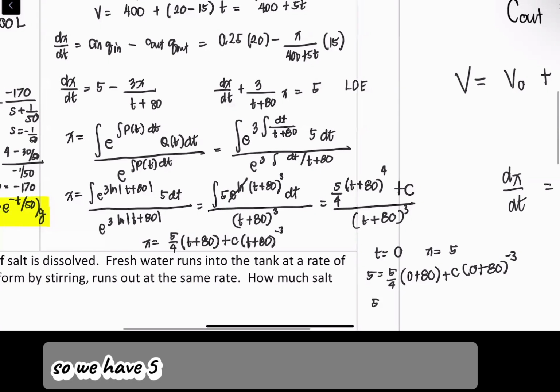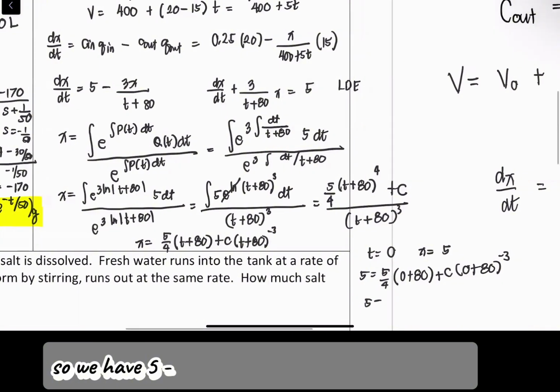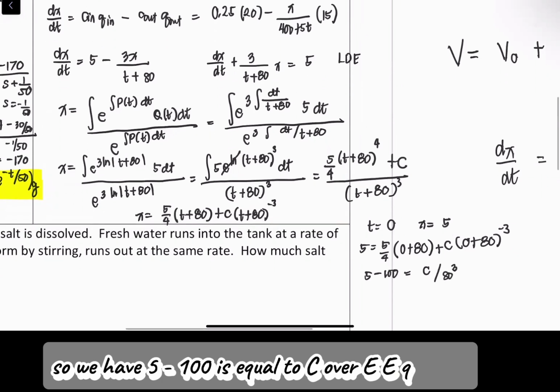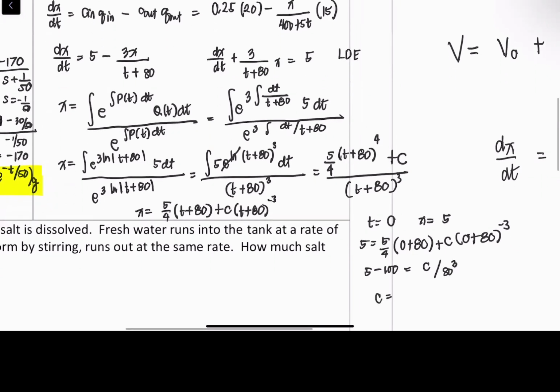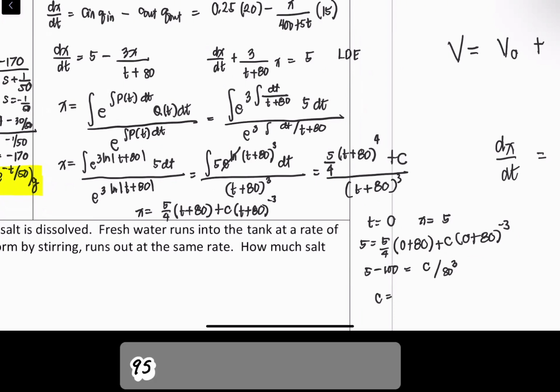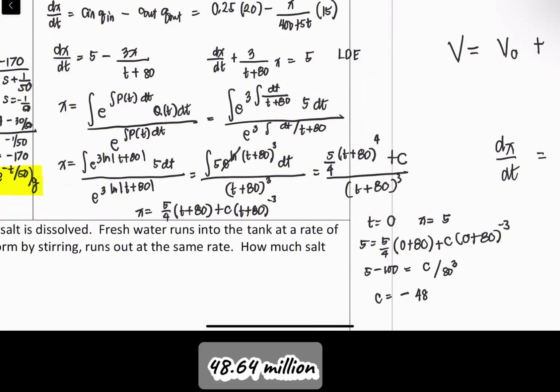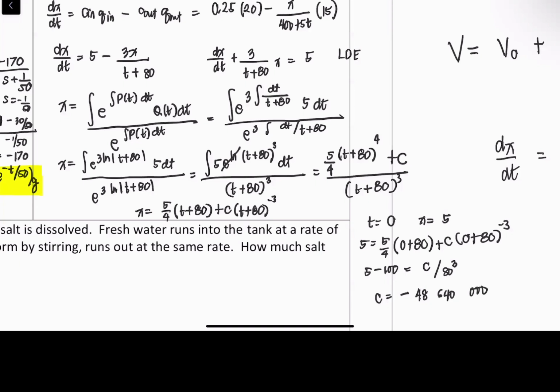So we have 5 minus 100 is equal to c over 80 cubed. So c is 80 cubed times negative 95. So we have negative 48,640,000.